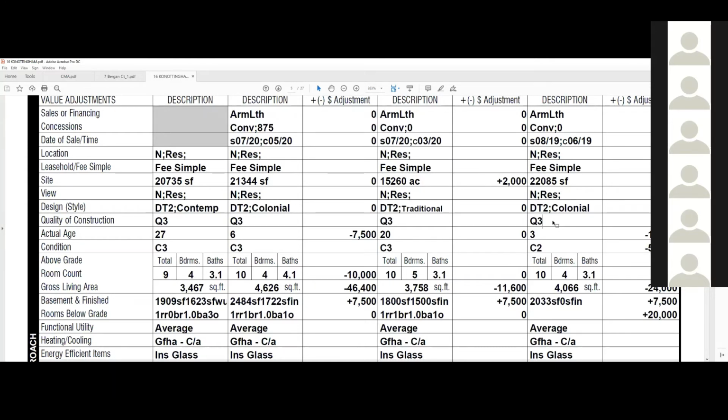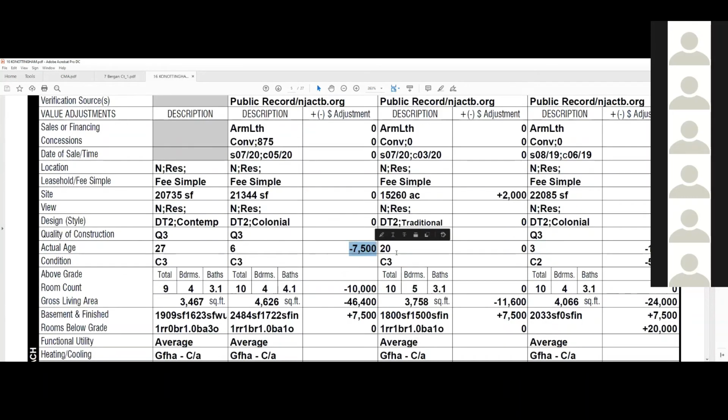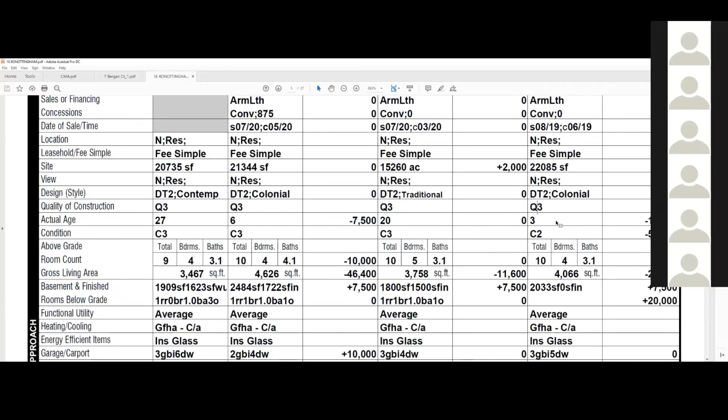That's why if you do 4 different appraisers, all 4 will come up with a different price. But again, the adjustments are not huge because this is a $700,000 home. A lot of people look the other way. Here's another one, 3 years old, $15,000 difference. And condition is pretty much the same, and quality is all the same.